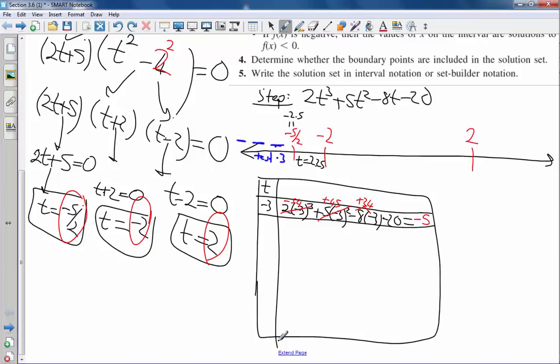Plug in here 2.25 and tell me the result. Negative. We're testing negative though, it's negative. Positive or negative?